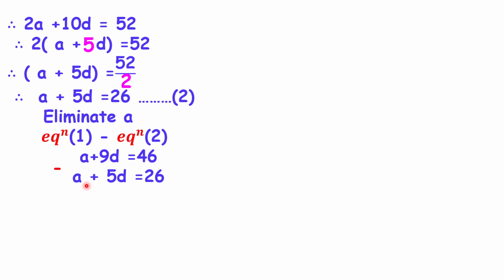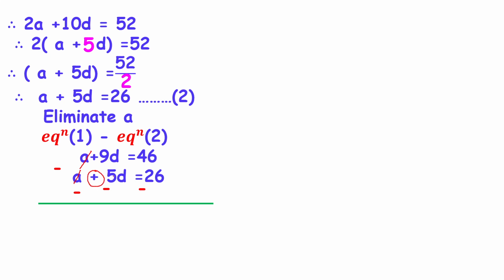If you subtract the equation 2, then change the sign of each term. Plus A becomes minus A, plus 5d becomes minus 5d and plus 26 becomes minus 26. Here plus A and minus A cancel out.